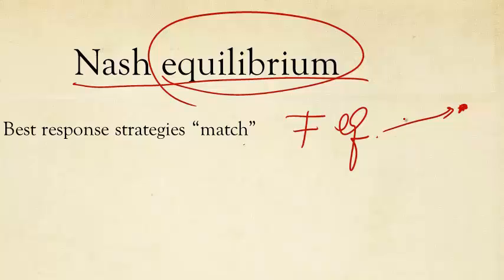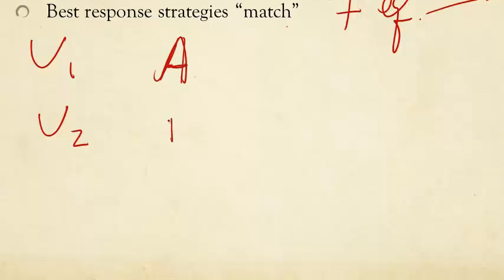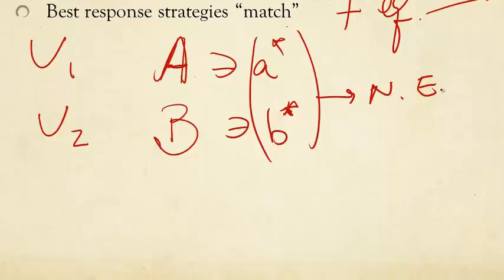So more precisely, let's say that there are 2 users. Okay? And user 1 has utility U1, user 2 has utility U2. And user 1 has strategy set, script A. And user 2 has strategy set, script B. And we say that a particular point, call that A star, and a particular point B star in the A and B sets respectively is called a Nash equilibrium if the following definitions are true.